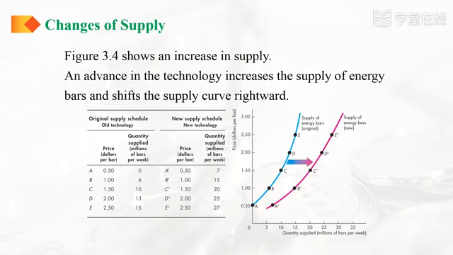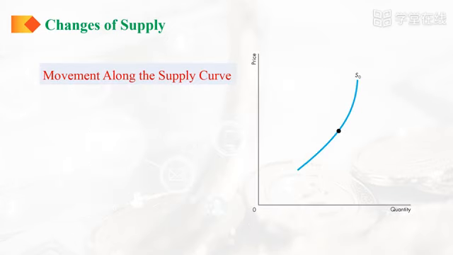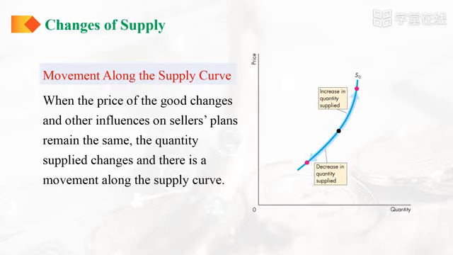On the new supply curve, the red one, the quantity supplied is 15 million bars a week. Look closely at the numbers in the table in Figure 3.5 and check that the quantity supplied is larger at each price.